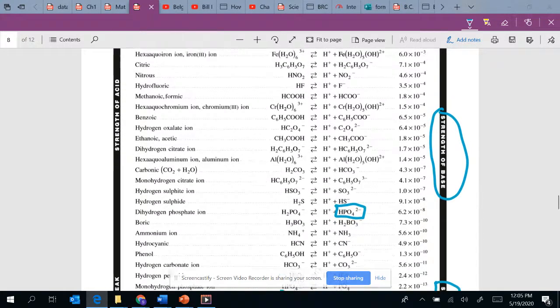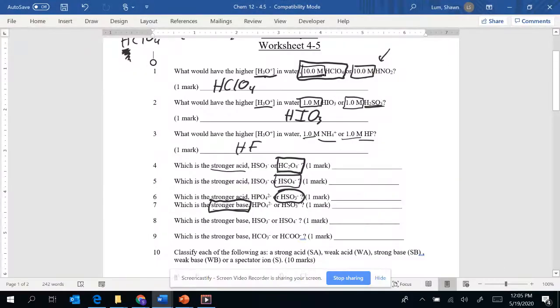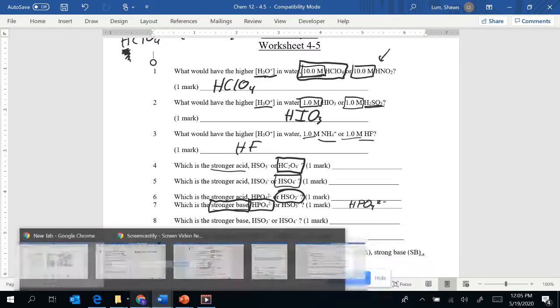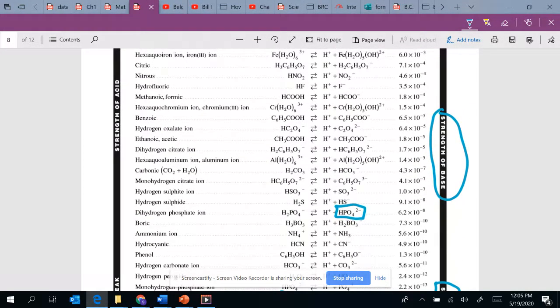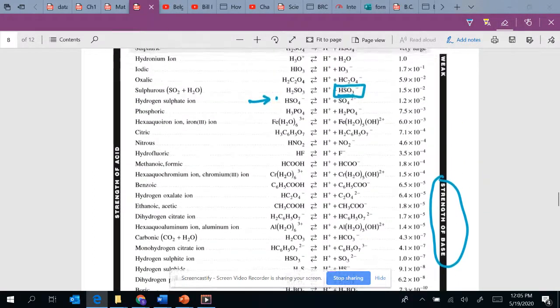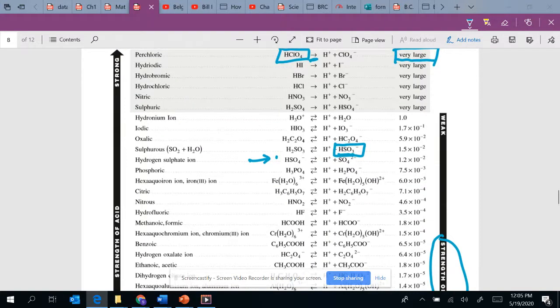Now, anyways, so HPO4 is a stronger base. HPO4 2 minus. So HSO3 or HSO4. Okay. So we have HSO3 and we're looking for HSO4 minus.